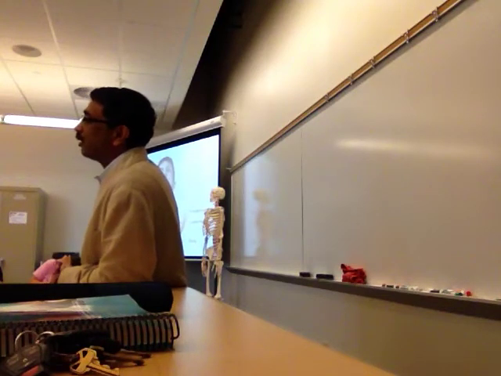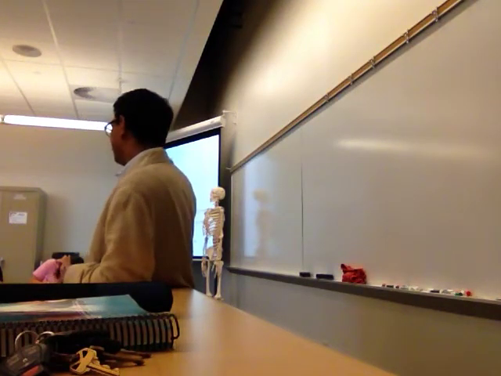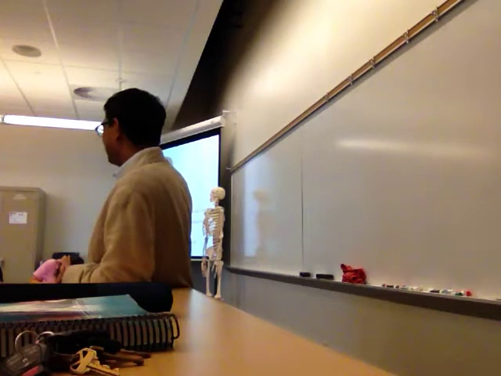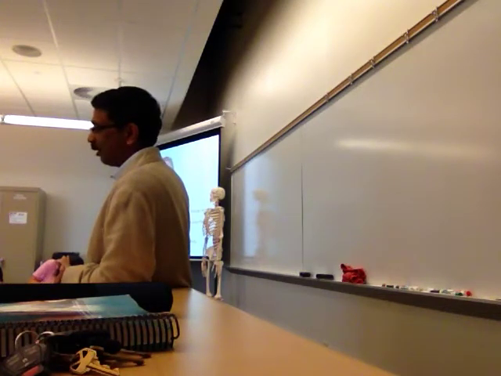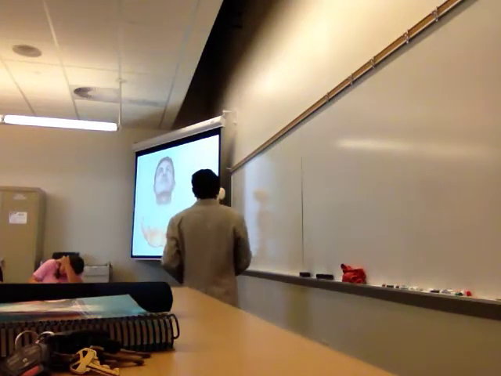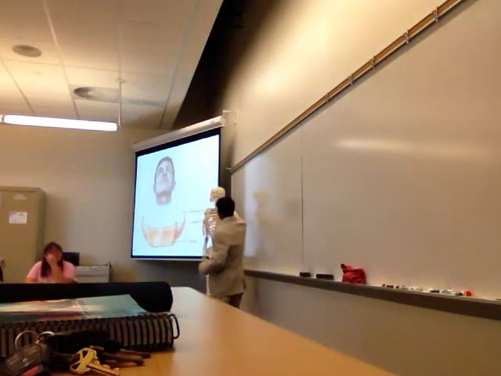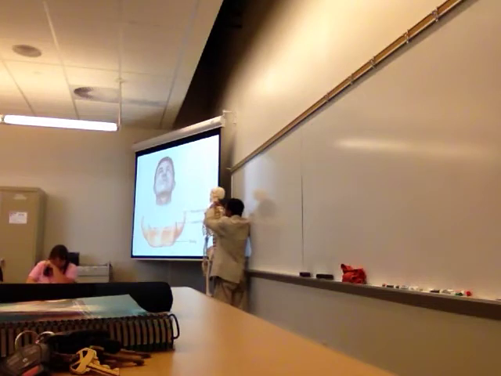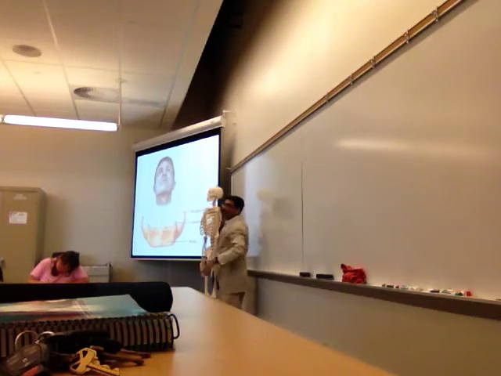Now, although it is a lonely bone, it has a couple of important functions. Most of the anterior neck muscles are supported by the hyoid bone, because it makes sense, because you know that anterior neck muscles are like this, going like this, so they are supported by the hyoid bone.